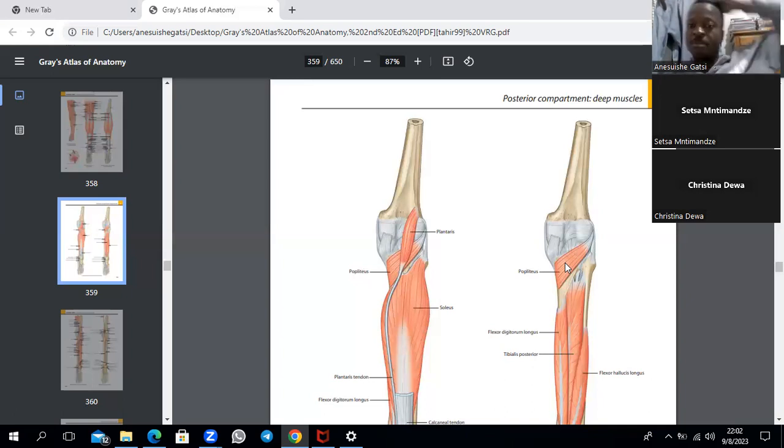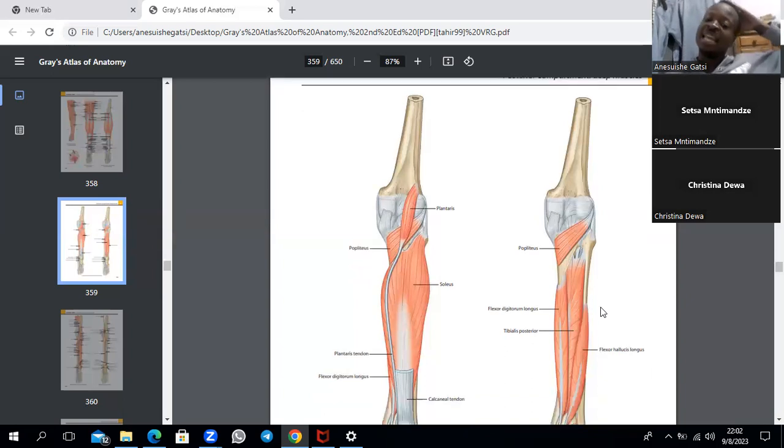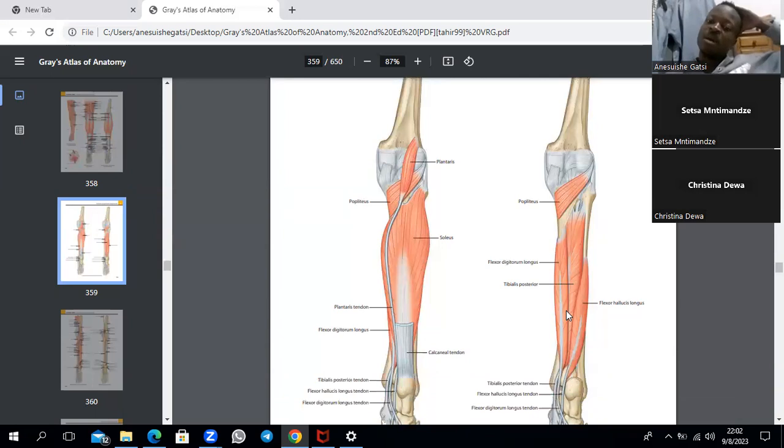Then the other muscles in the posterior leg that are deeper. Remember on the anterior leg there was a tibialis anterior. So obviously there should be a tibialis posterior. Then on the anterior leg there was an extensor digitorum longus.